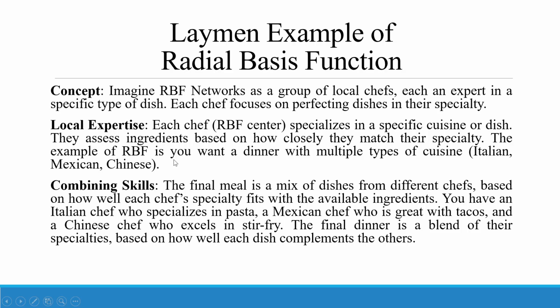The example of RBF: you want a dinner with multiple types of cuisine, that is Italian, Mexican, and Chinese. Combining skills. The final meal is a mix of dishes from different chefs based on how well each chef's specialty fits with the available ingredients.